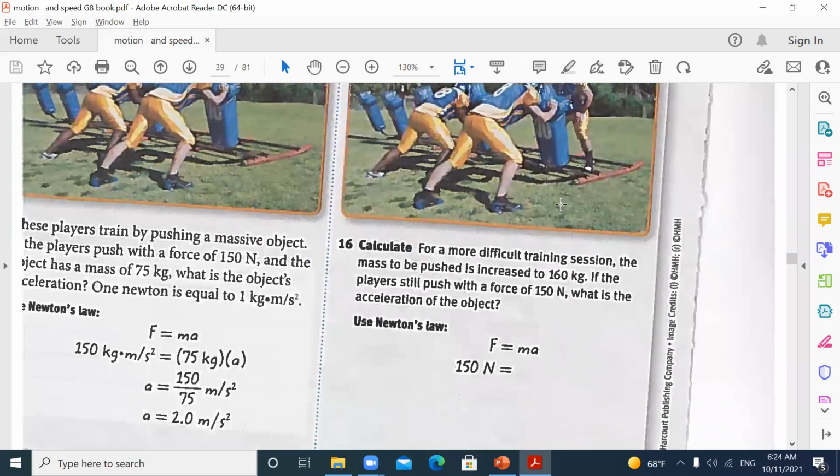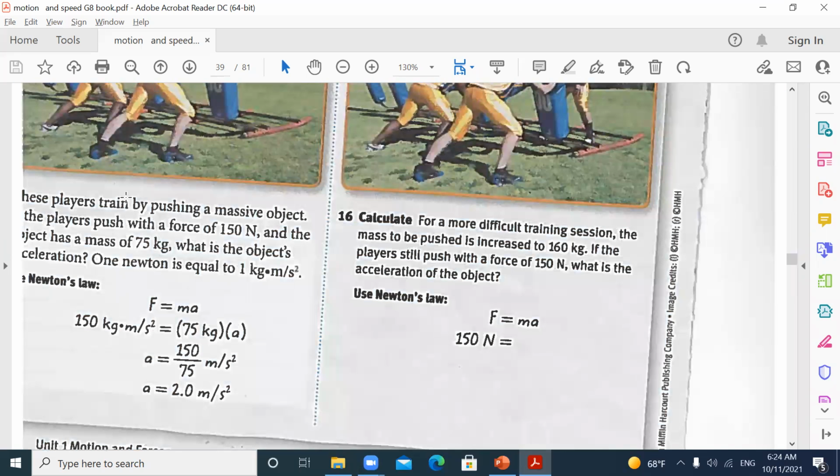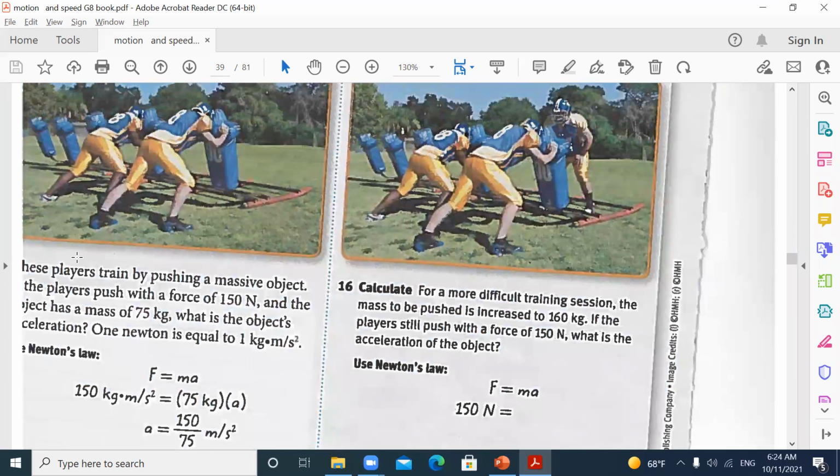Okay, in this example, players train by pushing a massive object. The players push with a force of 150 Newtons. Remember that 1 Newton equals 1 kilogram multiplied by meter per second squared.